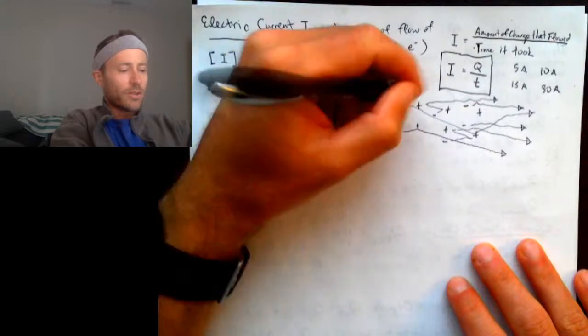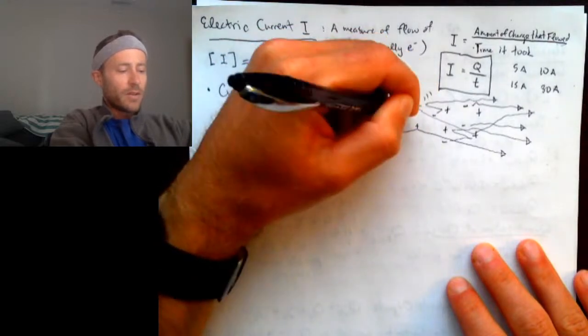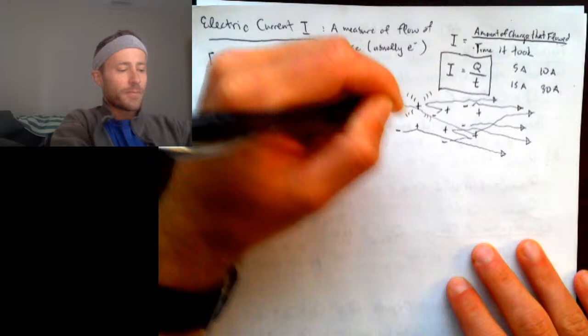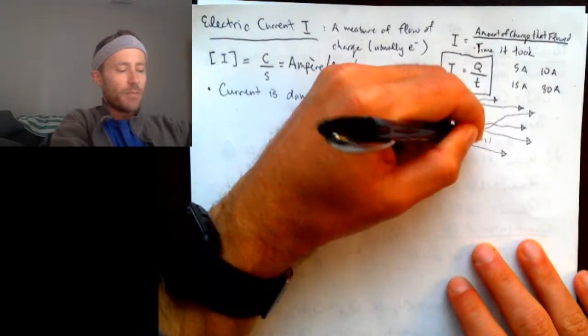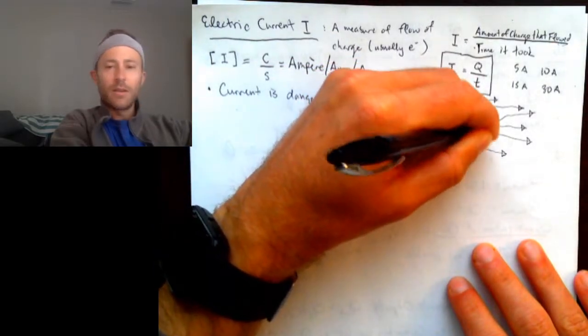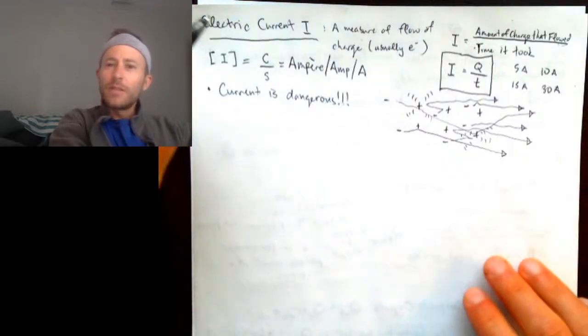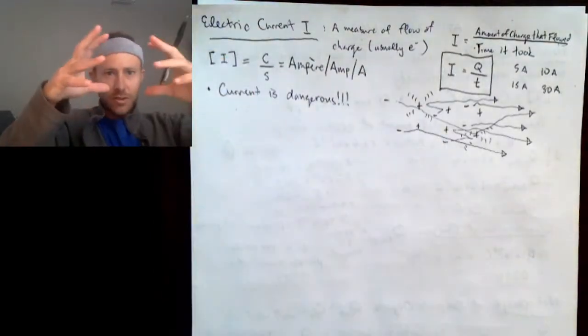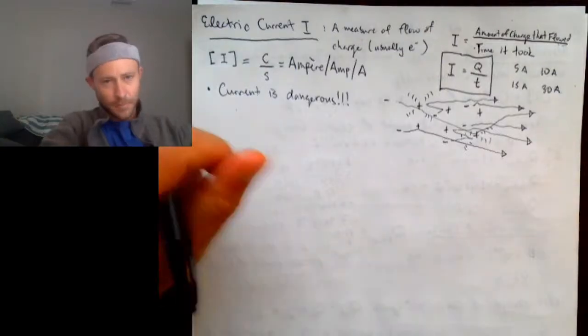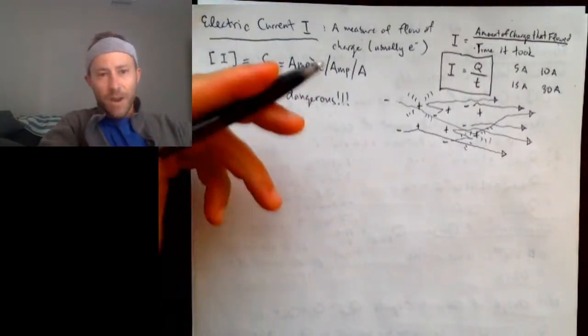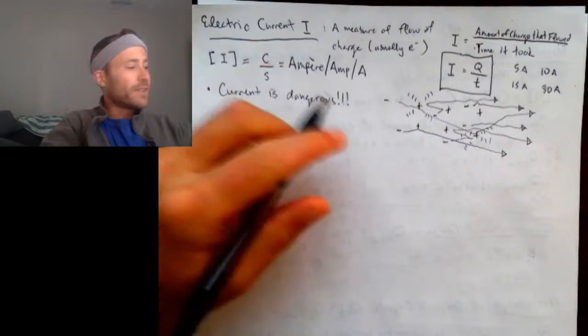And when the electron bumps into stuff, that causes the nuclei to vibrate. Those little collisions cause the nuclei to vibrate, and that vibration is what we perceive as heat.